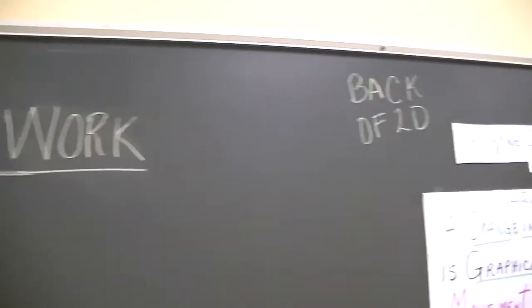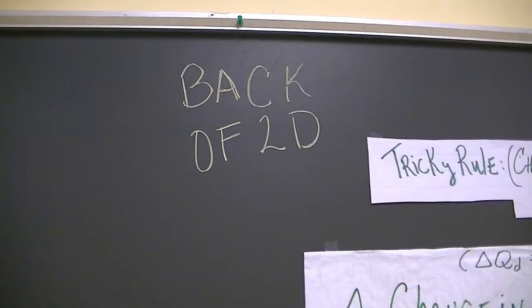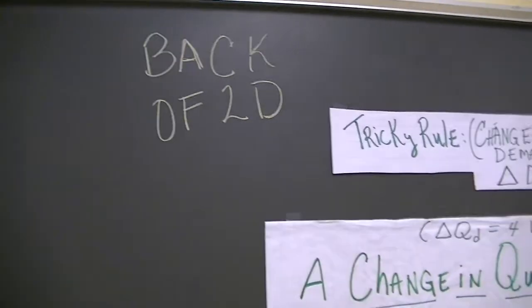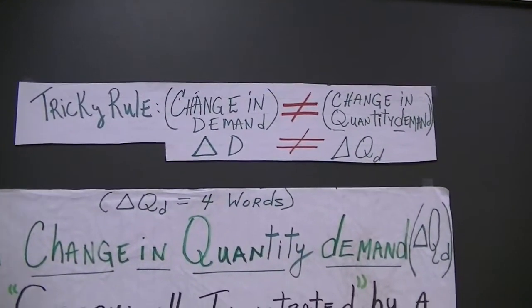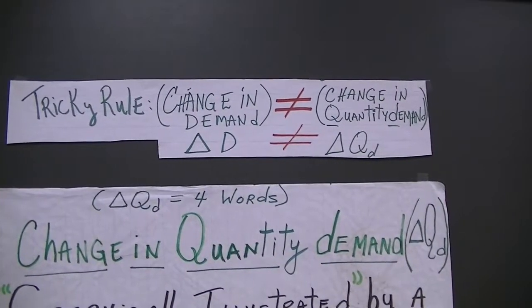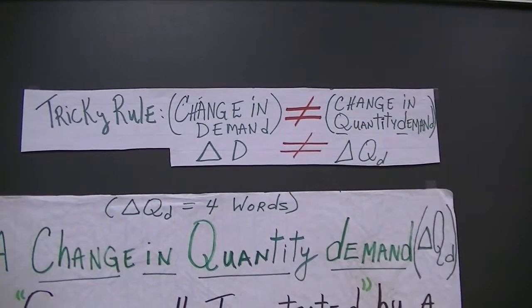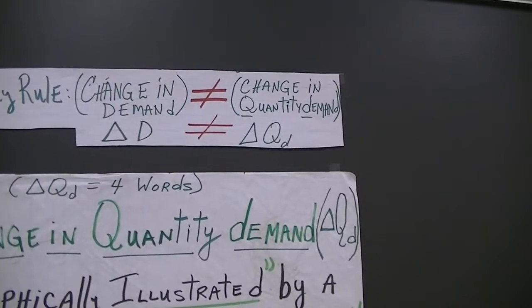On the back of 2D, why don't you take a moment and try to write down this stuff right here. There's a tricky rule. Remember, change in quantity demand, this time I had demand first. Change in demand is not the same thing as a change in quantity demand.